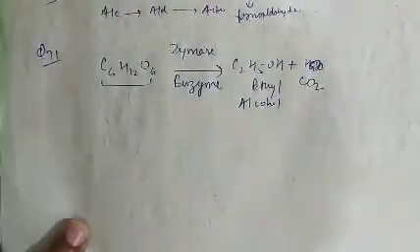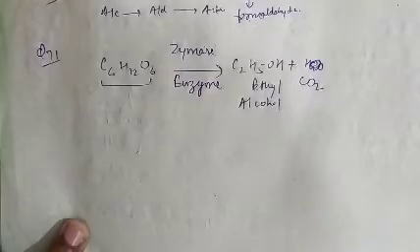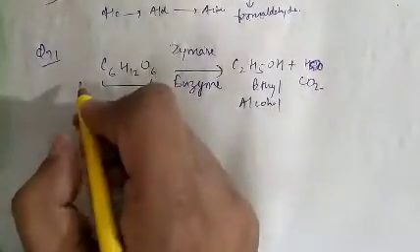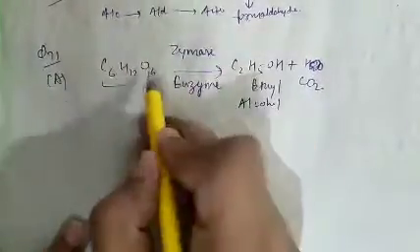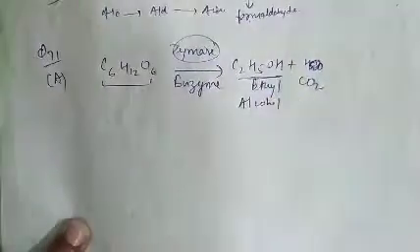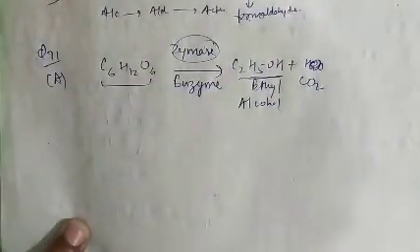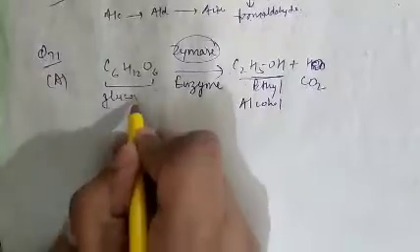So question number 71, option A is correct. So glucose with zymase forms ethyl alcohol. Option A is correct. This is glucose.